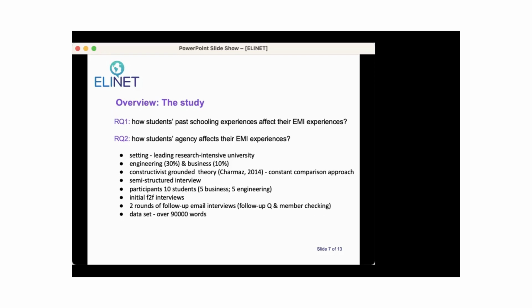I focused on recruiting engineering and business students as these majors had the greatest visibility of EMI courses compared to the other majors at the university where I conducted my research. And I also used the constructivist grounded theory and the constant comparison approach to analyze my research, which led to the emergence of a grounded theory.